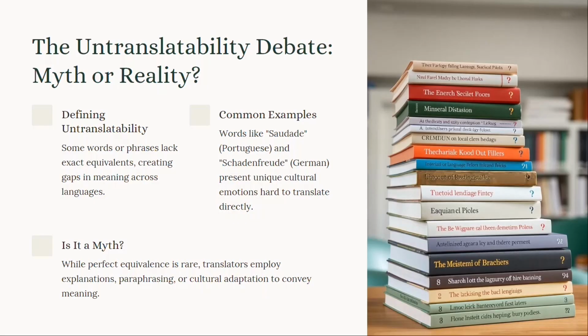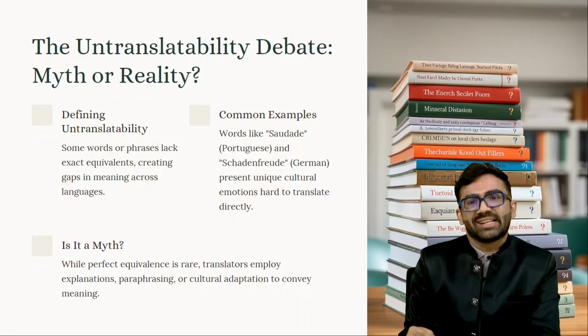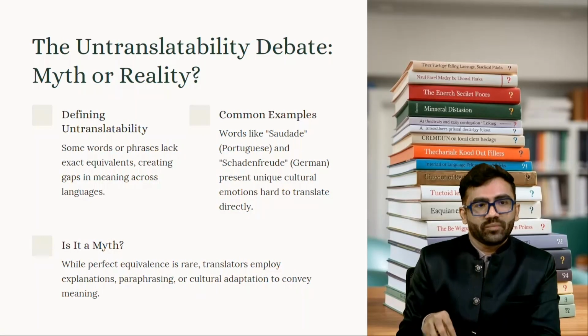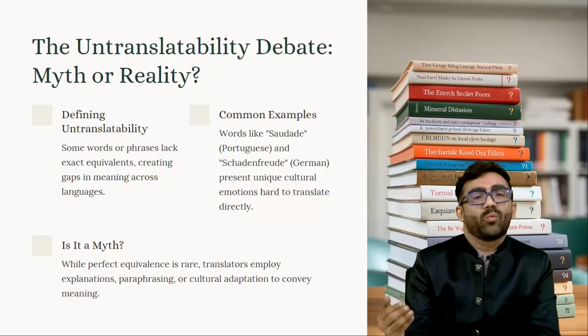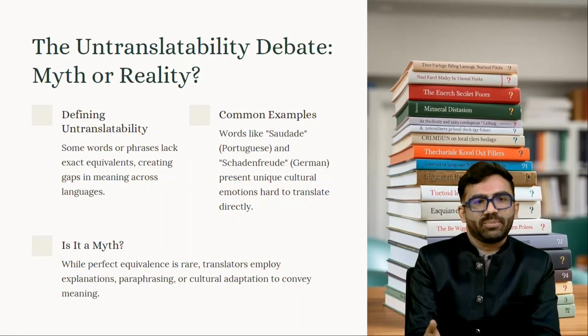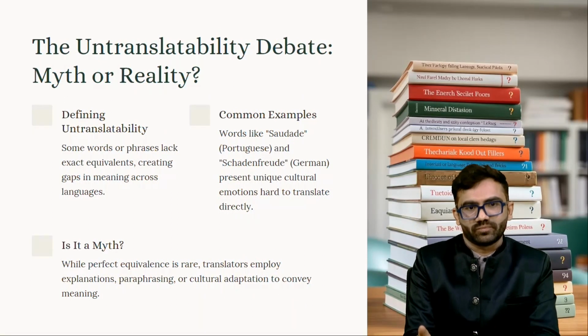So, what is untranslatability? When some words or phrases don't have exact equivalents. I am not saying synonyms. I am not saying similar words. I am saying when some words or phrases or idioms do not have exact equivalence. So what happens? It creates gaps in the meaning across languages.